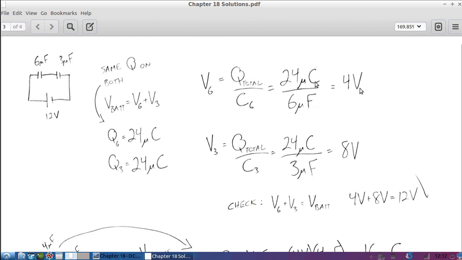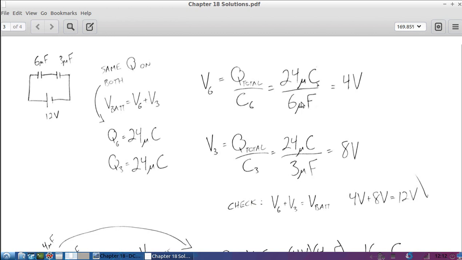That's 4 volts. So what you'll see often is our capacitances and our charges are usually the same order of magnitude. Okay, so I'm not really calculating 24 times 10 to the negative 6 divided by 6 times 10 to the negative 6. I'm basically just canceling out the 10 to the negative 6.